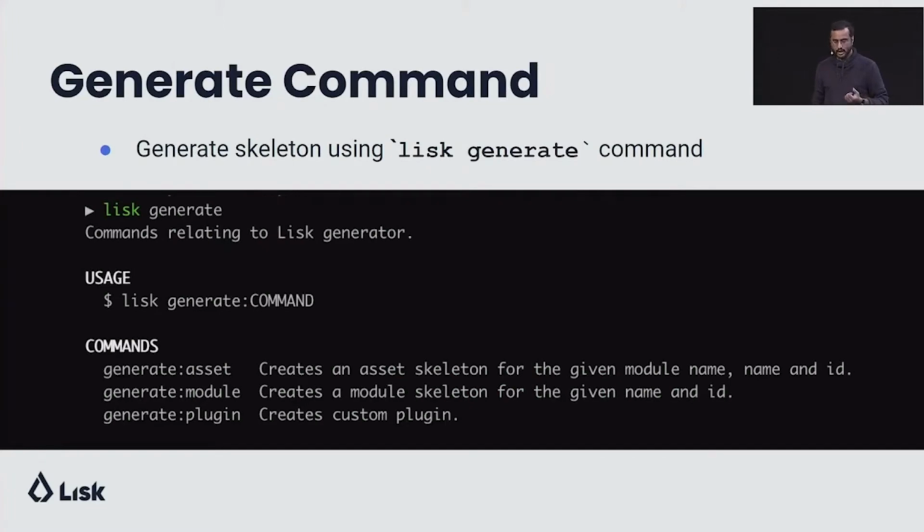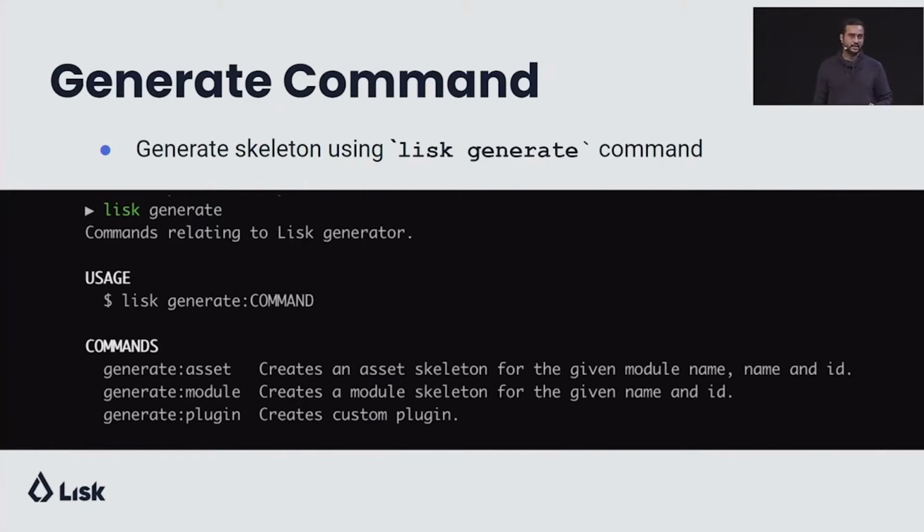So once you have created your application, now you want to add specific logic to it. Like we saw in the SDK architecture, there's on-chain logic and there's off-chain logic. On-chain logic you can add with a custom module. What you can do is simply write lisk generate:module and give the module name and ID.